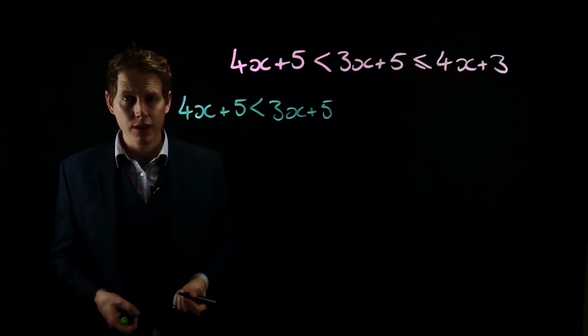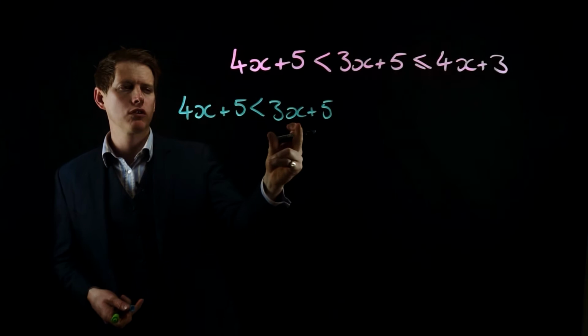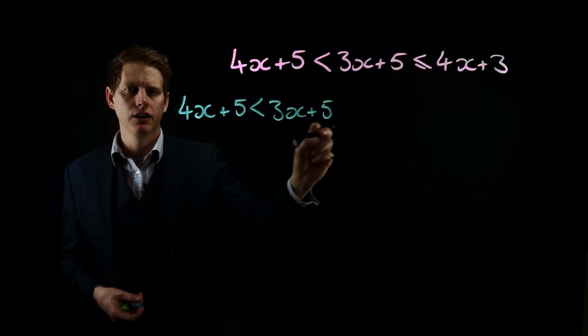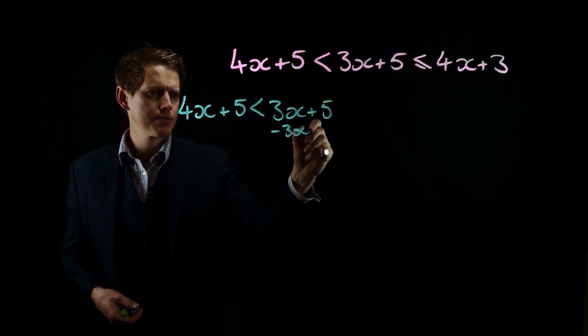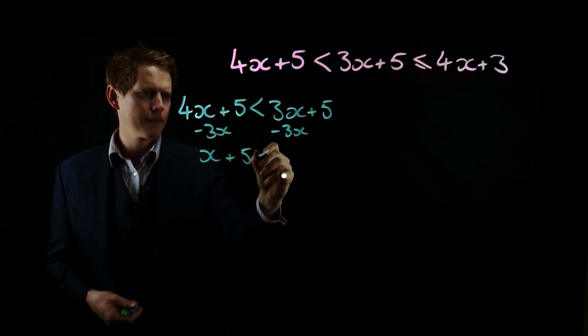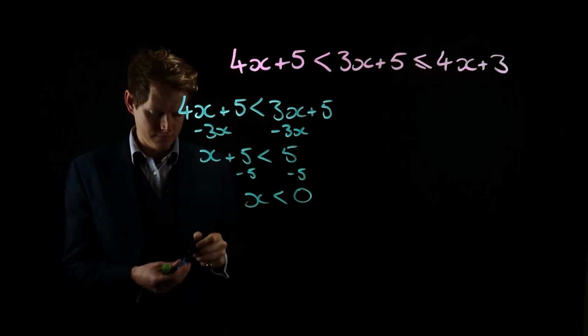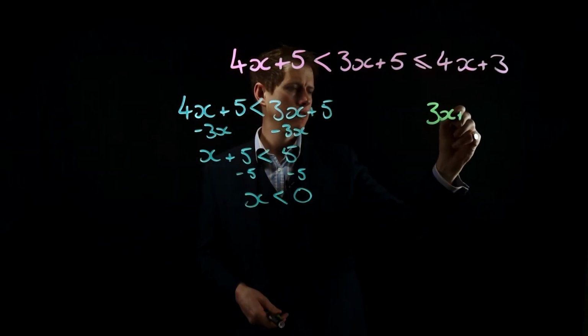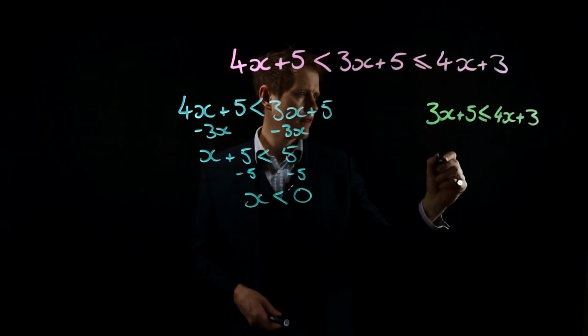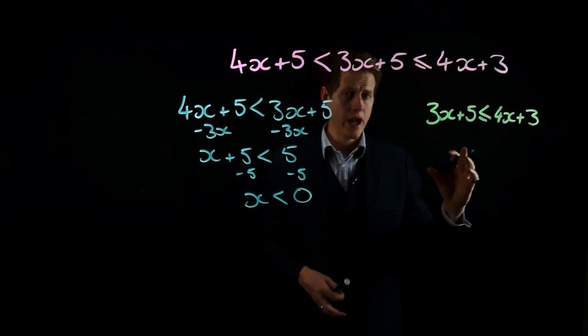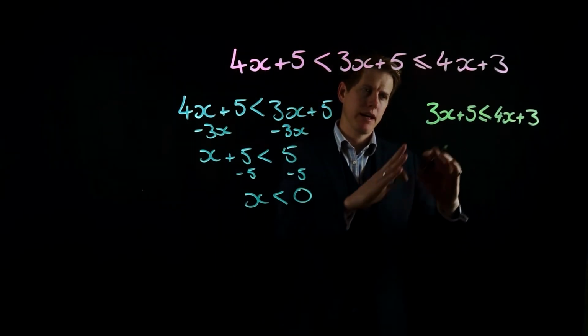Right, so let's collect it where the most unknowns are. So let's get all of our x's on the left-hand side, all of our numbers on the right-hand side. In this case, I've got more x's on the right hand side, so I'm going to collect my x's over there.